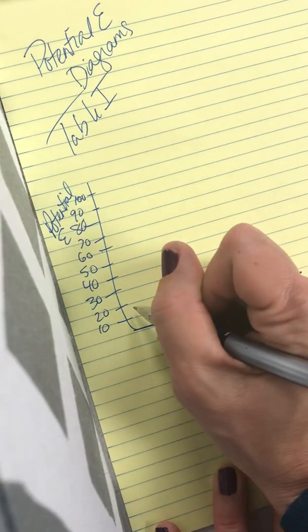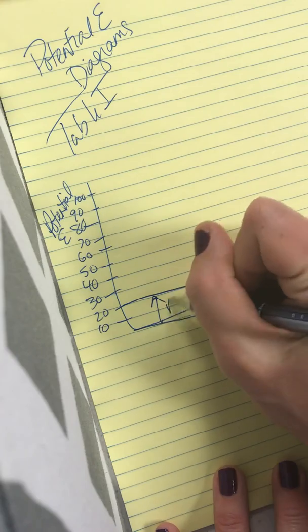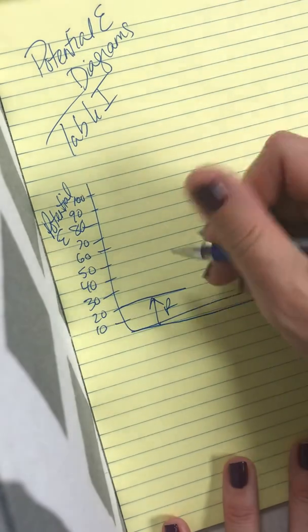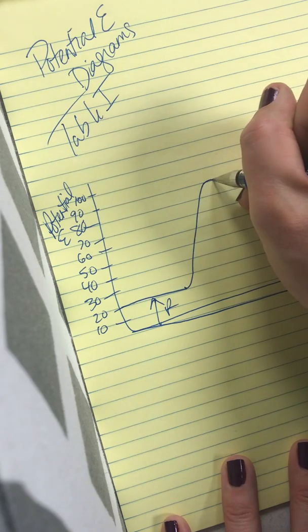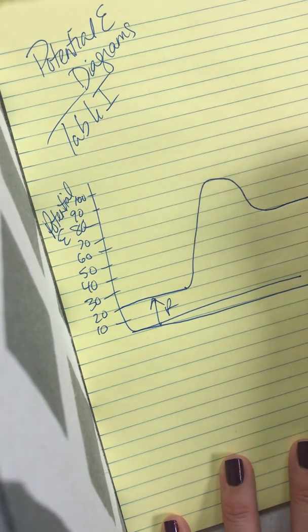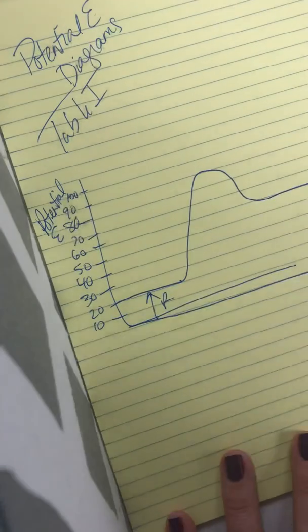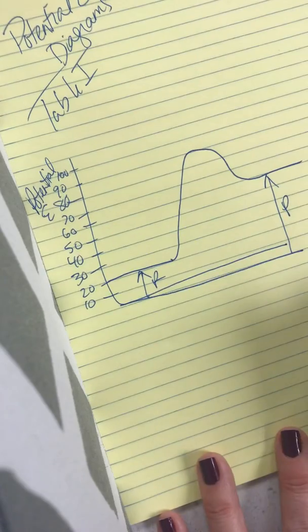Okay, let's say that I start off with my reactants having an energy of 20. So here's my reactants. And then I start adding energy in, and I go all the way up to here. And then my molecules react, and here's my product. So wherever you end, this is going to be the energy of the products, okay?